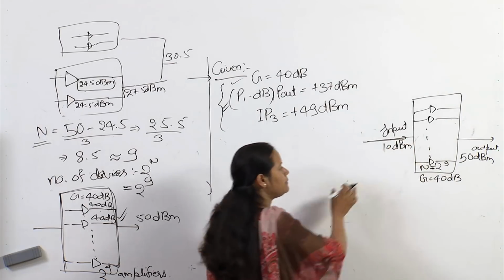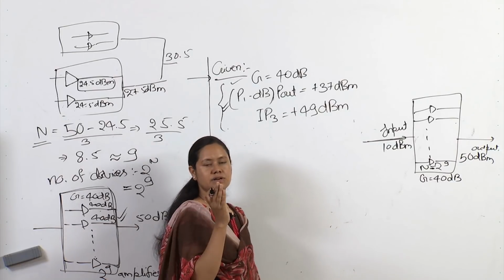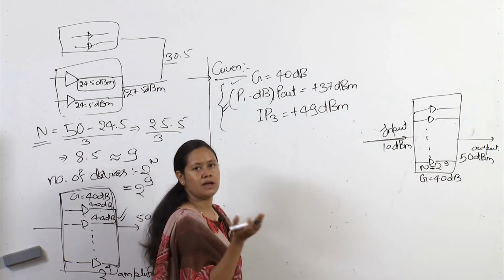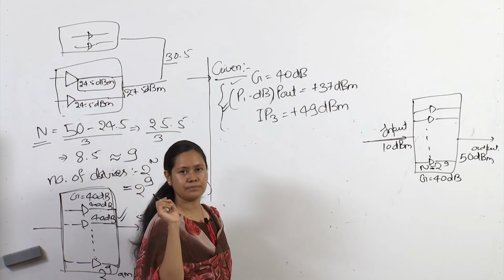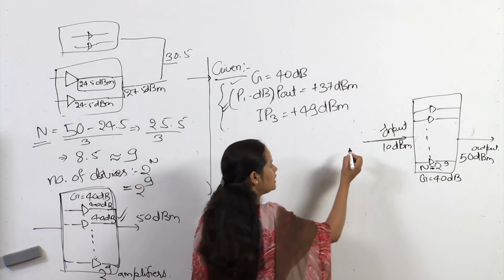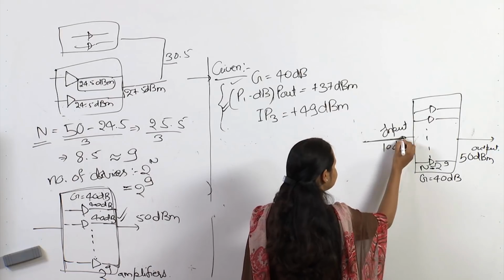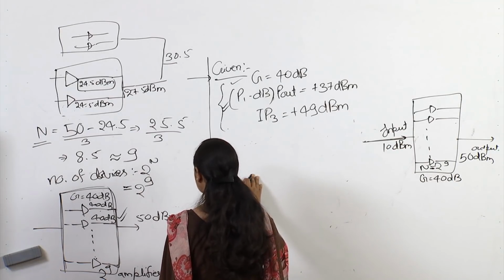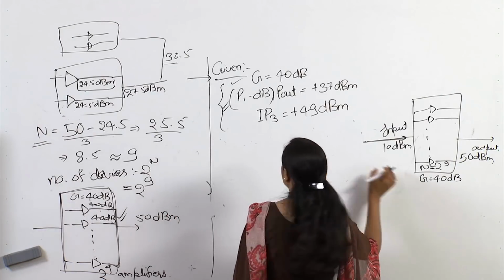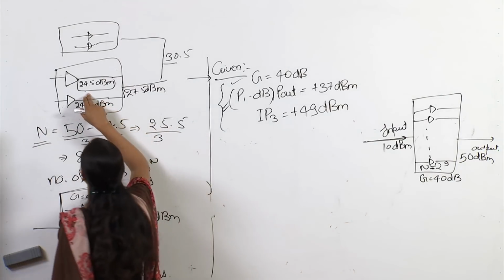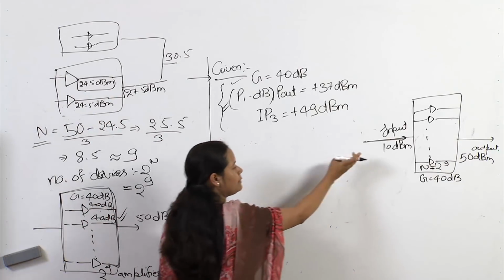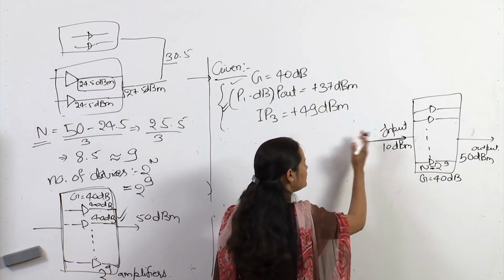Now this 10 dBm is the requirement which any power amplifier we attach here should be able to provide. Because we are using the same power amplifier, we know it was able to provide 24.5 dBm at the output. So 10 dBm it can easily provide, it is within the range.